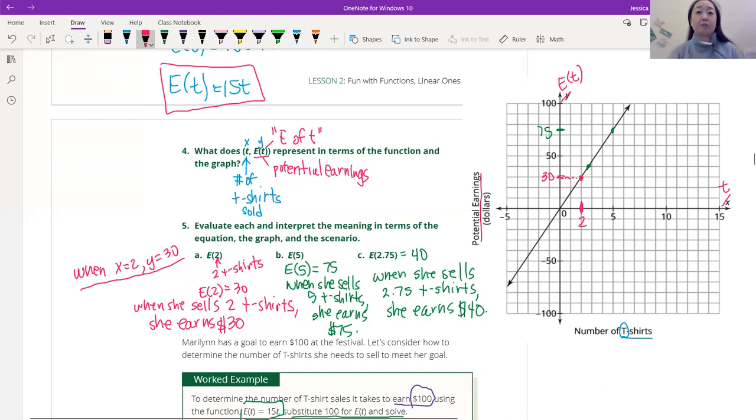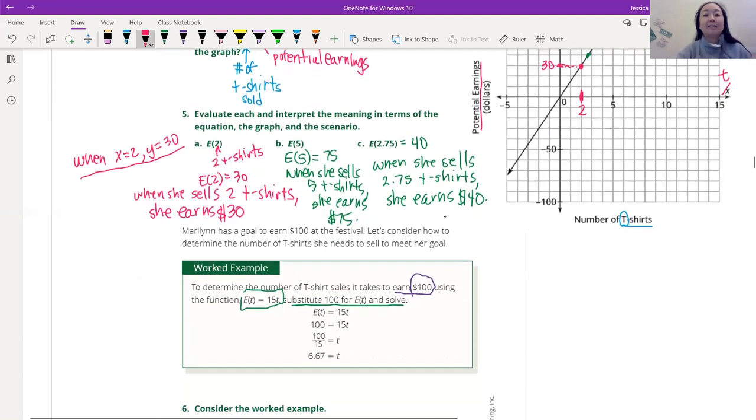But in different situations, if the x was talking about something other than t-shirts, like parts of the day, time of day, or the number of hours, that would work. But in this case, our x-axis represents the number of t-shirts. This is discrete, actually, so we should not represent it with a line. We should represent it with dots.